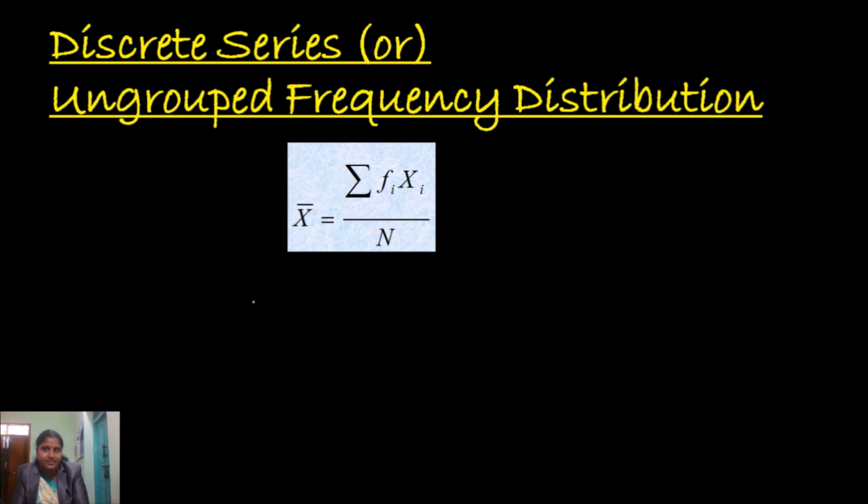Let's now discuss how to calculate arithmetic mean for discrete series or ungrouped frequency distribution. The formula used to calculate arithmetic mean for ungrouped frequency distribution is x bar is equal to sigma fi xi over n. Here f represents frequency.